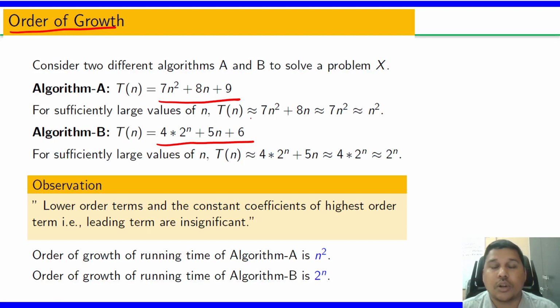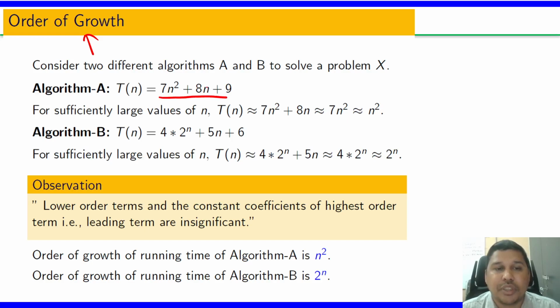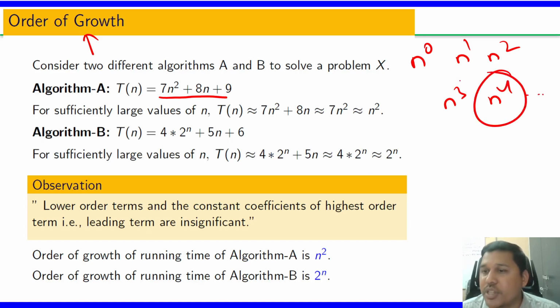Okay, so the rule here is, how do you find out the order of growth? In a given running time equation, find out which is the higher order term. Higher order term means n power 0, n power 1, n power 2, n power 3, n power 4, and so on. In this, n power 4 is higher order. All these are lower order terms.